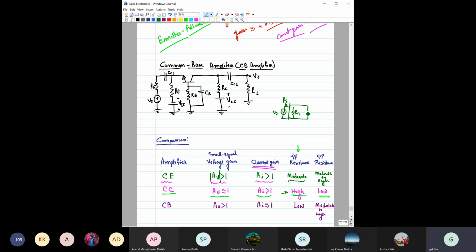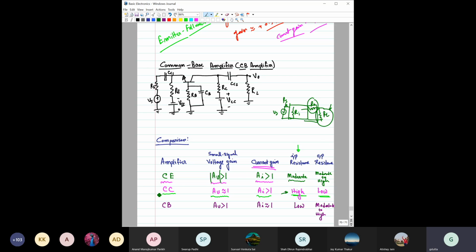You can consider it this way: say this is the output resistance of a particular amplifier, and this is the load resistance. It is expected to be low, because if it is low, then almost the entire voltage drop would fall across this RL only.